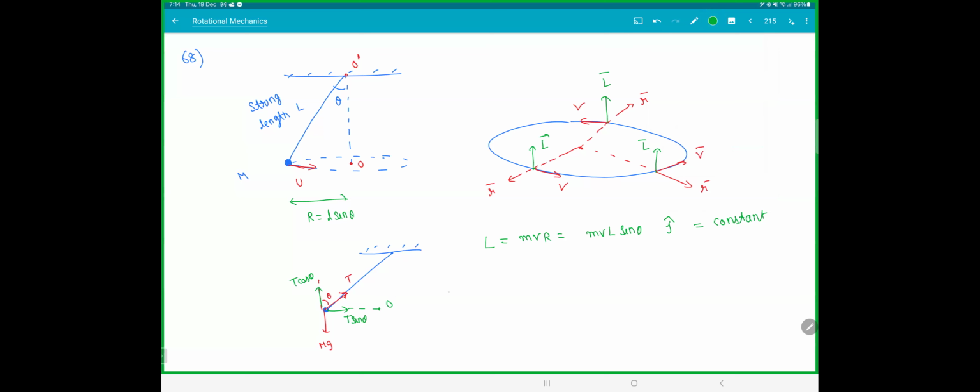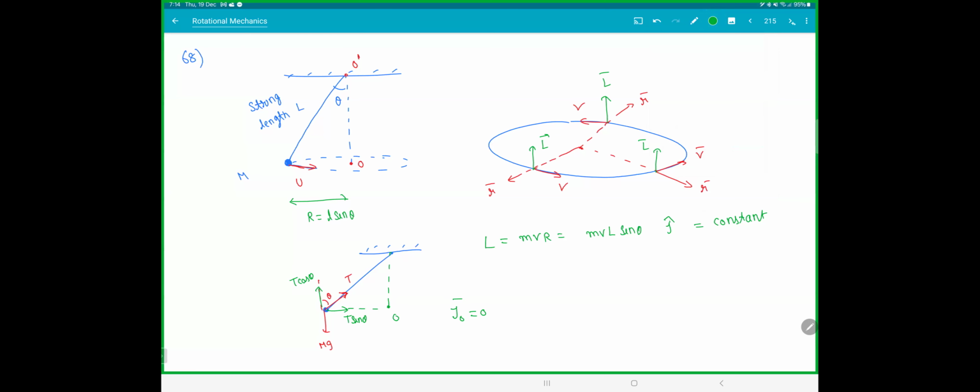And if you take this point O here, you can see torque about O is zero. T cos theta will balance mg, they will cancel out, and T sine theta will pass through the center. So if the net torque is zero, then angular momentum has to be constant. Is that clear? What about O dash?